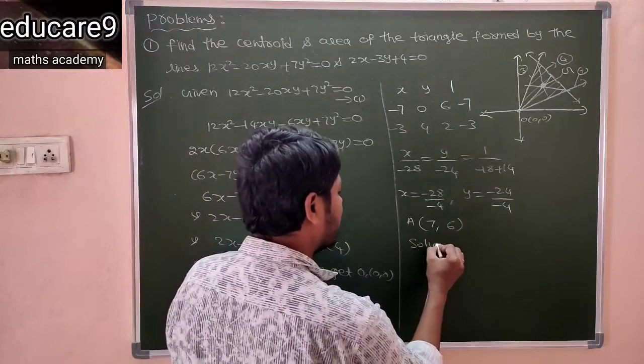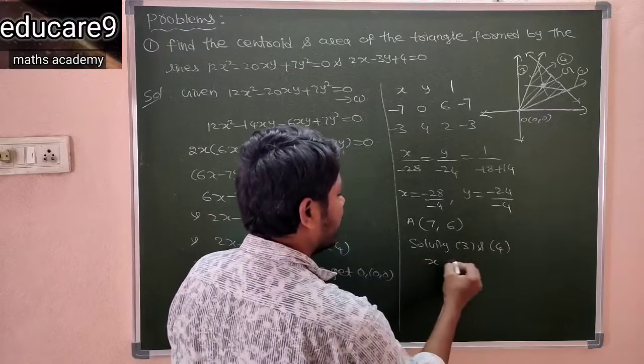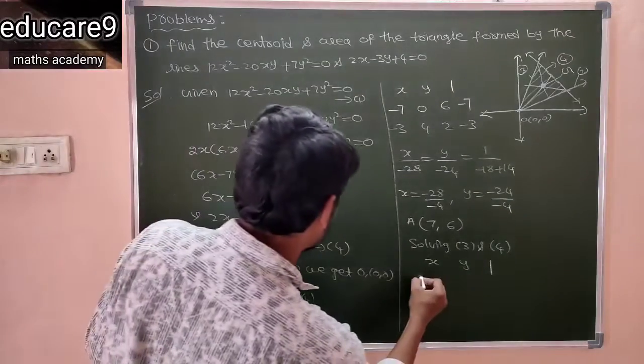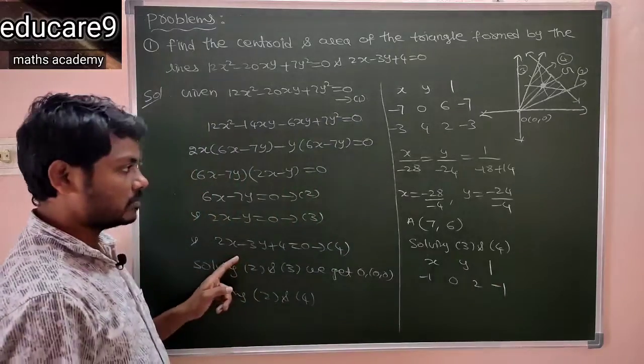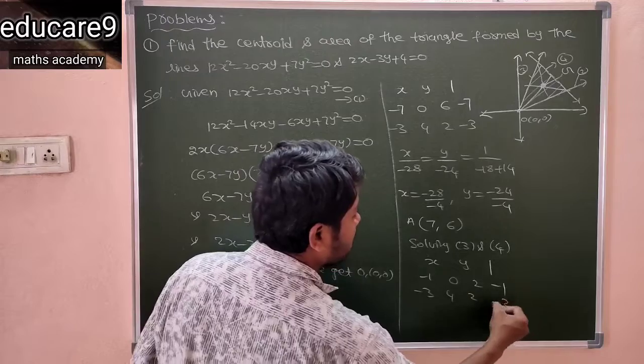Similarly you can solve equations 3 and 4. X, y, constant. So here equation 3: this is minus 1, 0, 2, minus 1. Here minus 3, 4, 2, minus 3.